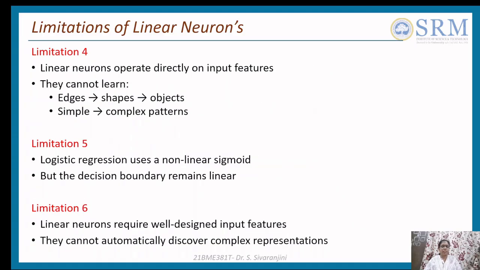So what is the fourth limitation? These linear neurons operate directly on input features, meaning raw input data. They cannot learn hierarchical patterns. What are hierarchical patterns? We have edges, shapes, and objects: from the edges we derive the shapes, and from the shapes we derive the objects. This follows from simple to complex patterns.